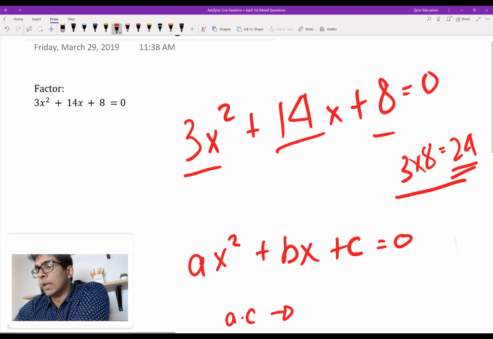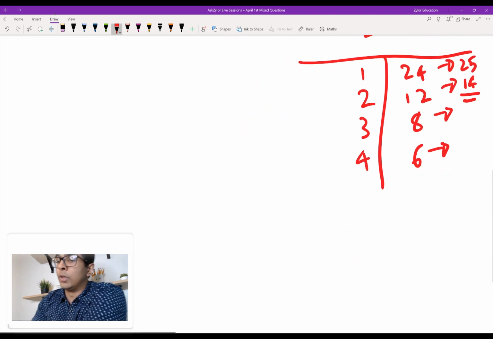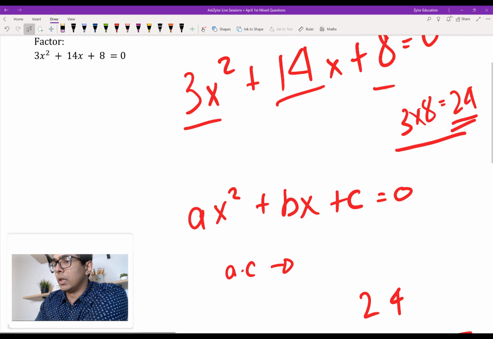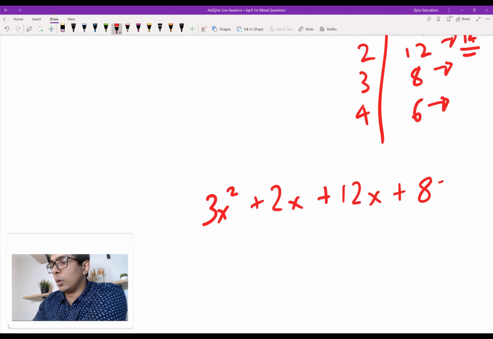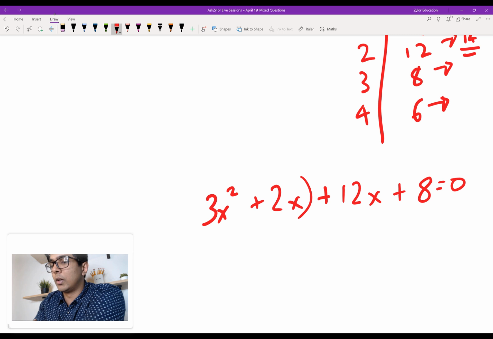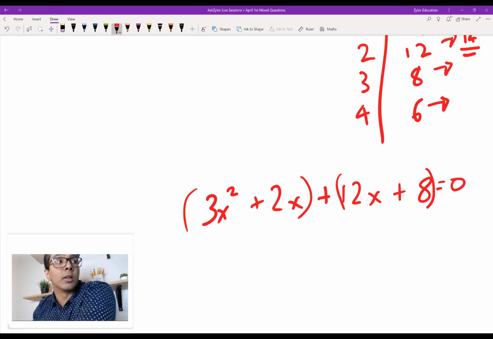So I'm going to go ahead and do decomposition on this. So 3x squared plus 2x plus 12x plus 8 equals 0. I'm going to factor out common terms from the first two terms and the last two terms. This is called grouping.